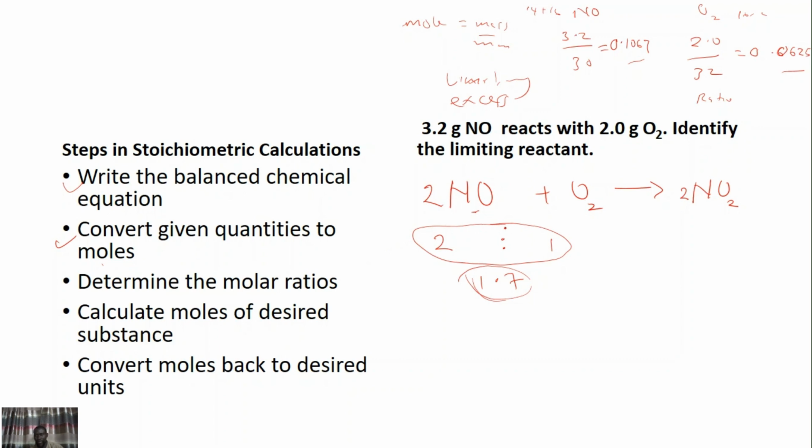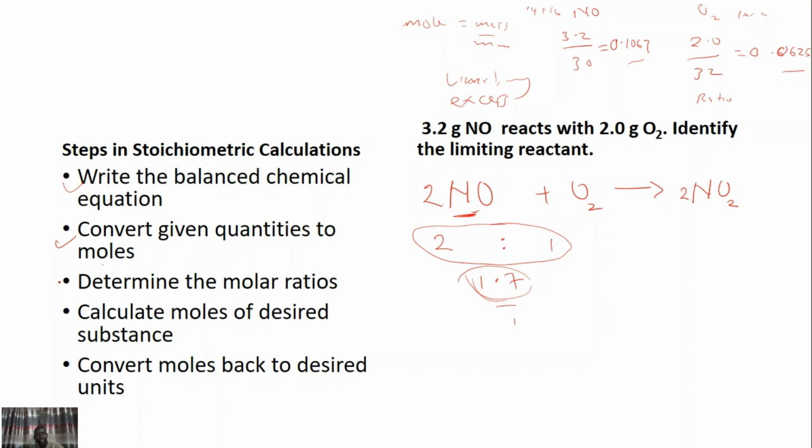So meaning that only 1.7 is available for 1 mole of oxygen, instead of 2, meaning that the limiting reactant here is the nitrogen oxide, okay?